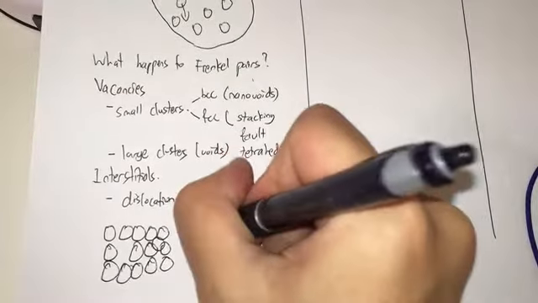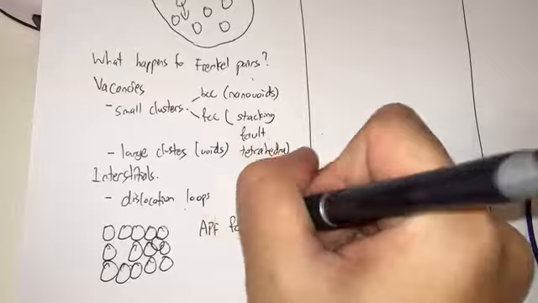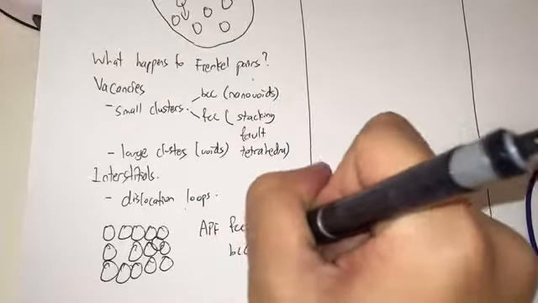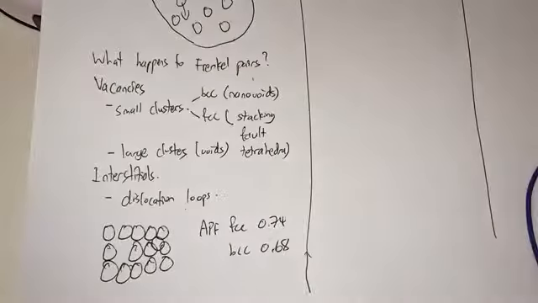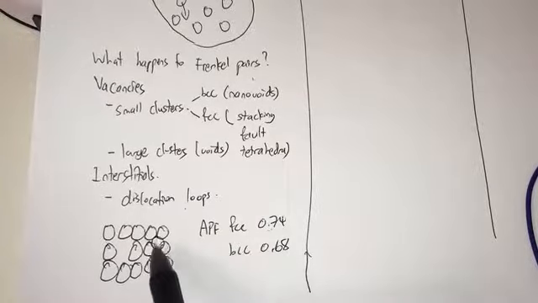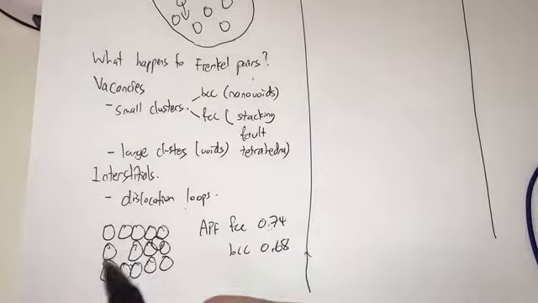Remember that the atomic packing factor for FCC is about 0.74, and for BCC it is 0.68. There's barely any space left, and when the interstitials are lodged into these interstitial sites, it's very unstable because it's already very tightly packed. Whereas for a vacancy, the strain on the lattice isn't as much, so they are way more stable.